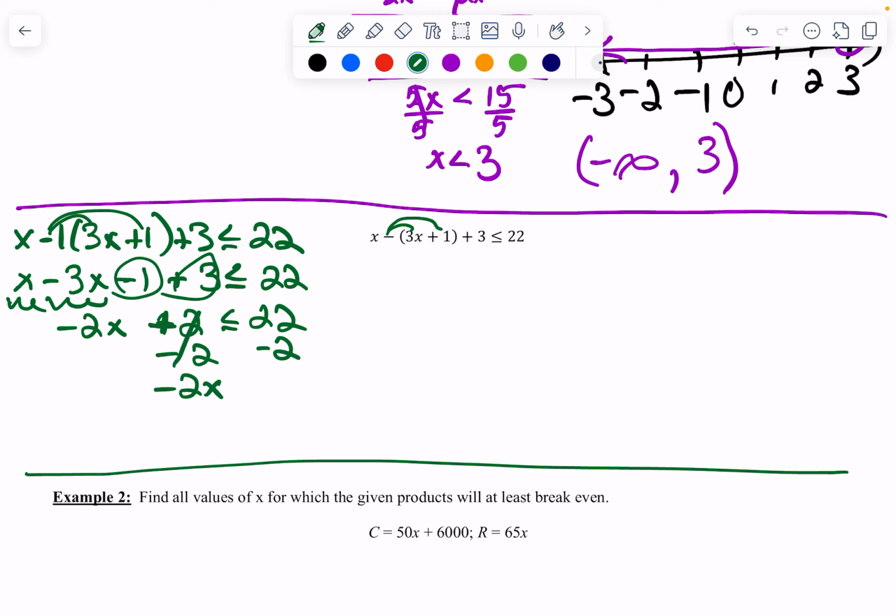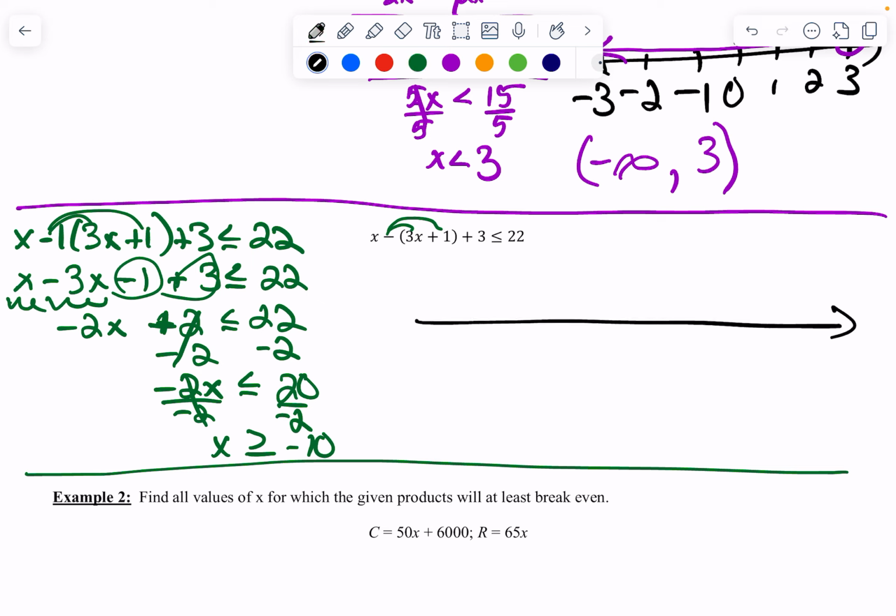We have -2x is less than or equal to 20. And now we have to move the -2. So we are dividing both sides by -2. And a reminder that when we are dividing, we're flipping the sign. So we get x is greater than or equal to -10.